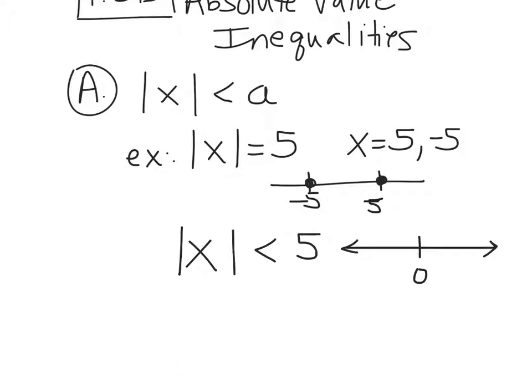Give me one number that works in there. 4. Perfect. 4 works. What else? 3 works. 2. 1. 0. Negative 1,000? No, negative 1,000 won't work. Take the absolute value of negative 1,000. What do you get? 1,000. Okay. So negative 2 does work.